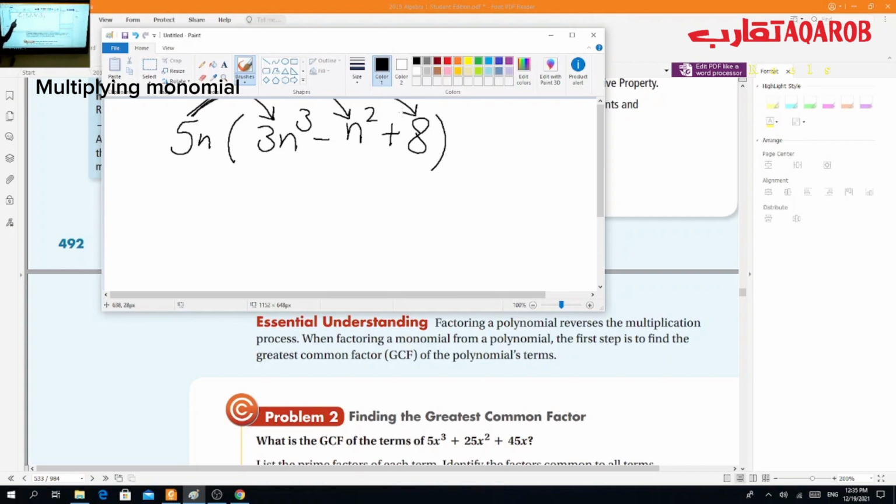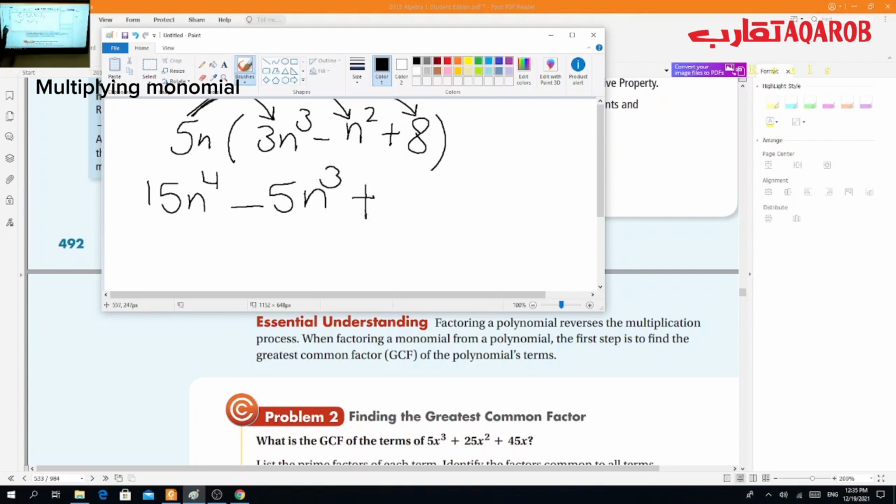So, we multiply coefficients by coefficients: 5 times 3 is 15, and n to the power 1 times n to the power 3. If you remember, when we have the same base, we add the exponents together, so it will be n to the power 4. Minus 5 times 1, 5, and here it will be n to the power 3.